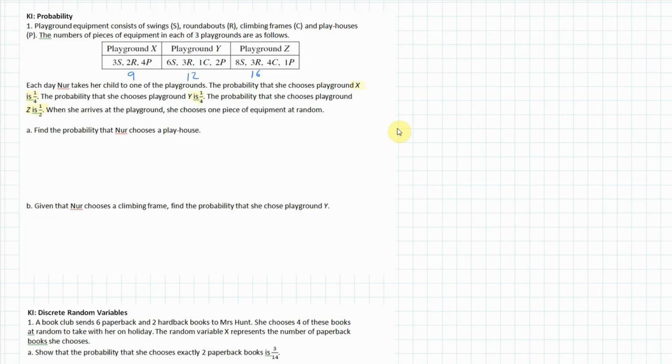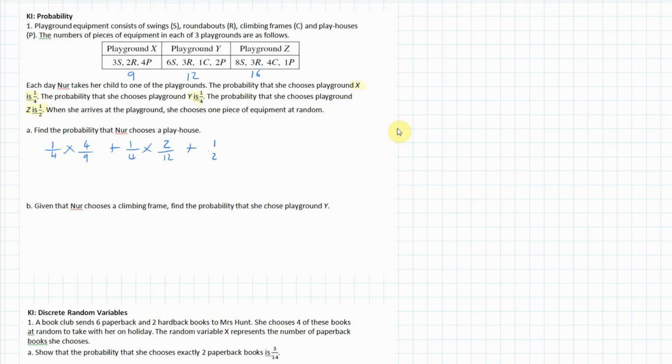So choosing a playhouse, well, if she goes to playground X, that's a 1/4 chance, and then out of that there's a 4/9 chance of a playhouse. 1/4 chance of choosing playground Y, and then that's a 2 out of 12 chance of getting a playhouse.